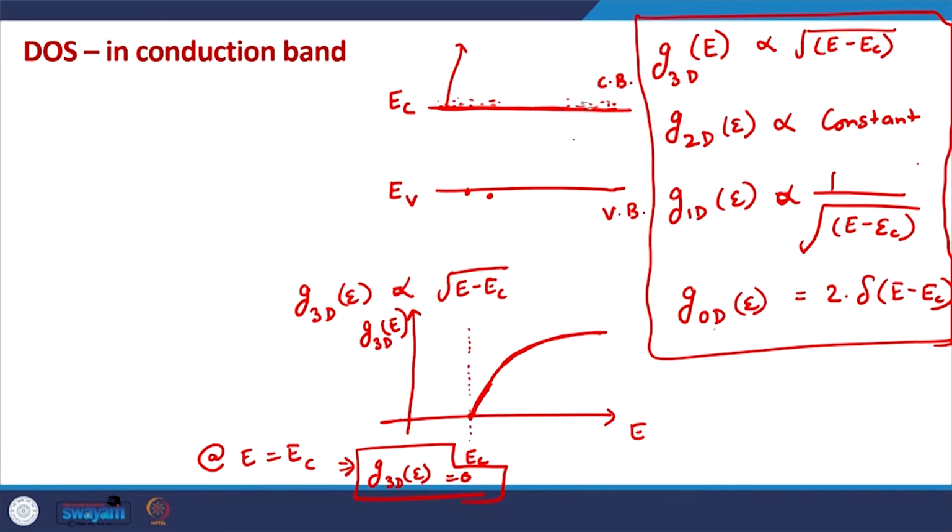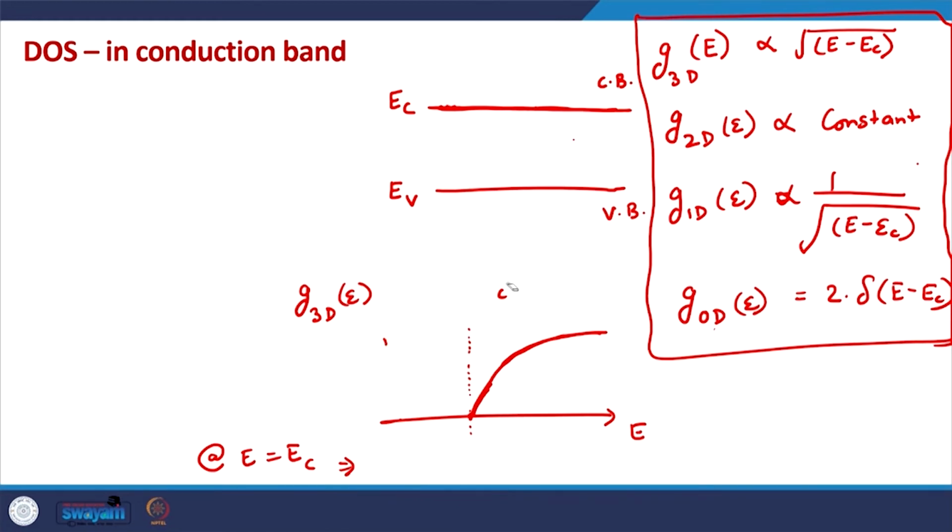Okay. So, this we need to keep in mind; this was the scenario for 3D materials, for a 3D channel. Now, let us see what happens in a 2D channel, and you might have already guessed that for a 2D material, the density of state is independent of energy. So, the density of state is a constant function.